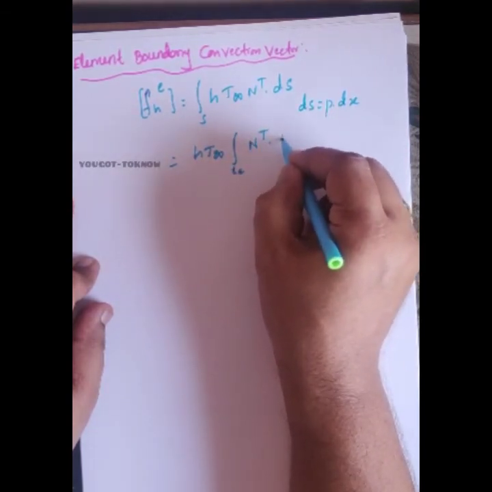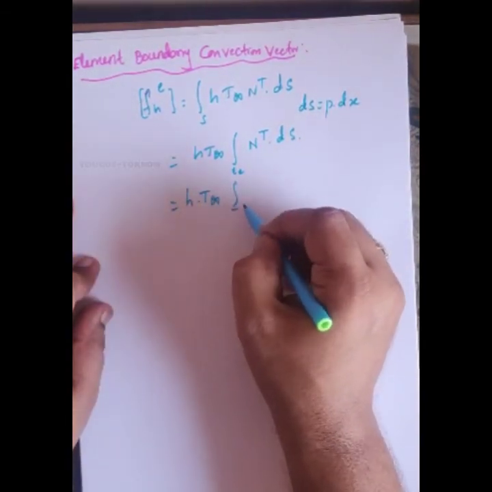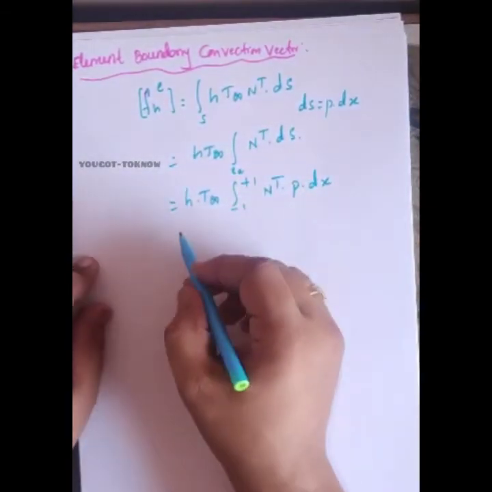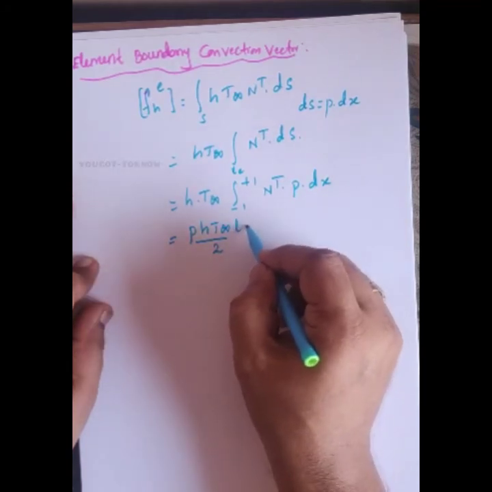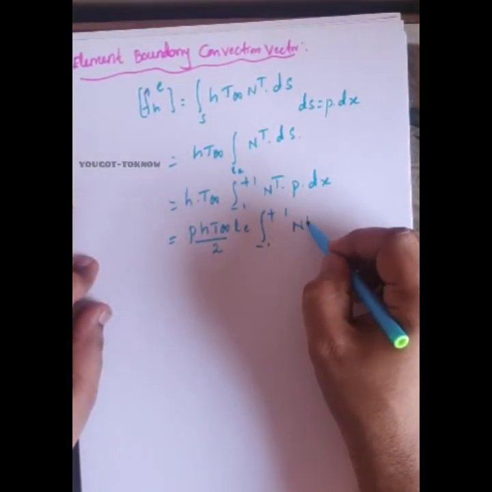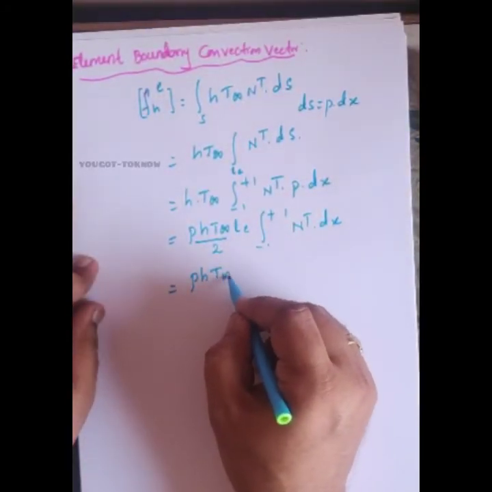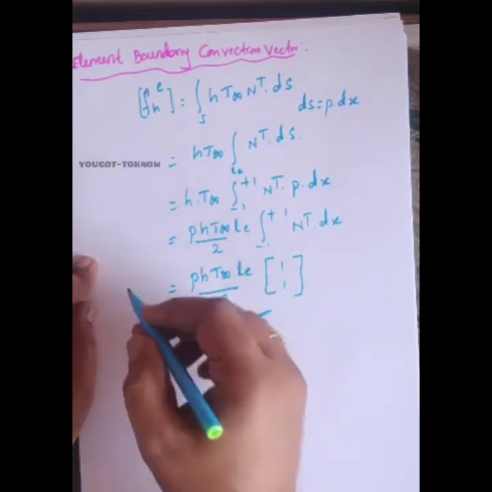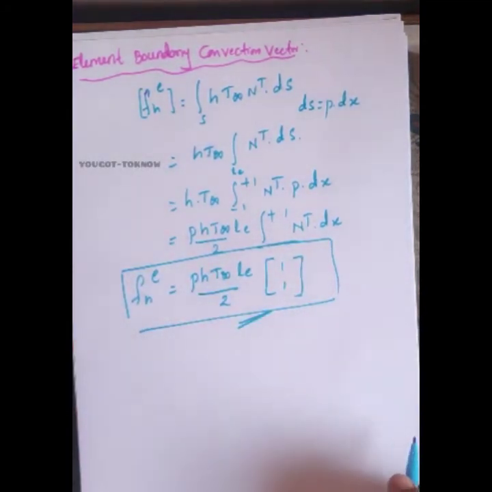This can be simplified as h into T infinity, integral from -1 to +1 of N transpose, p into dx, that is p h T infinity L_e by 2 times the integral of N transpose into d zeta. You know how to write this? p h T infinity L_e by 2 times 1 1. This is called your f_h^e, the boundary convection vector.